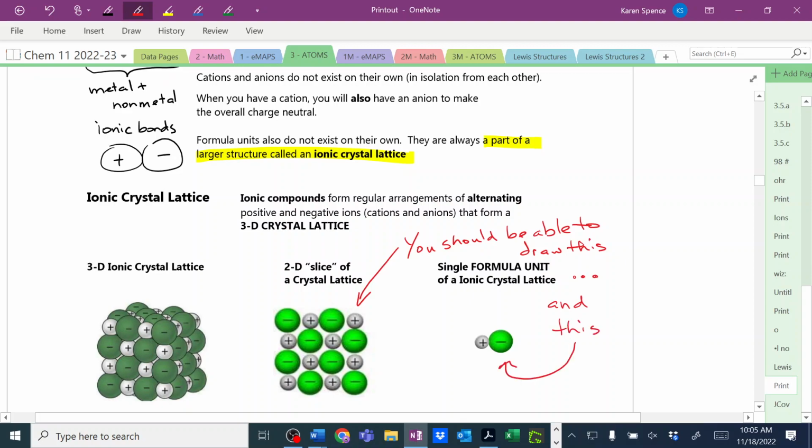You should be able to draw a 2D crystal lattice, and you should be able to draw a formula unit.